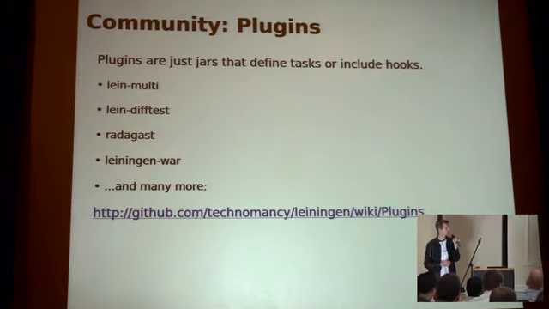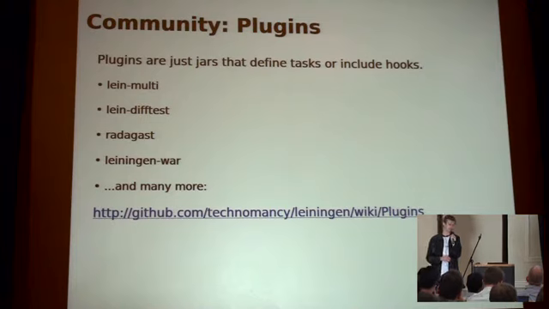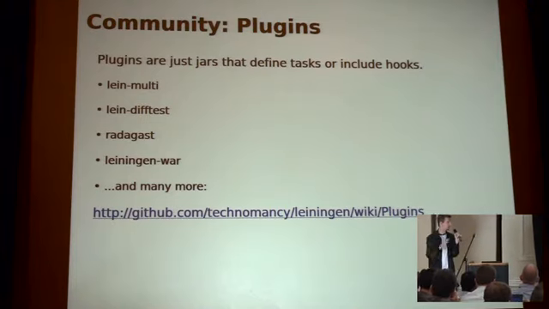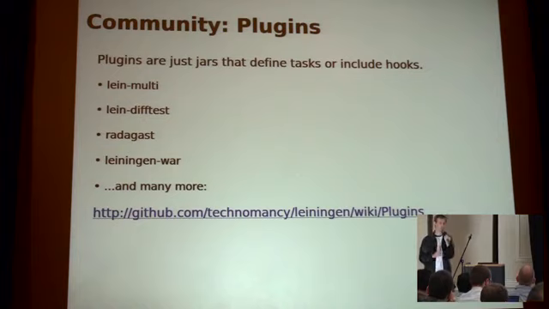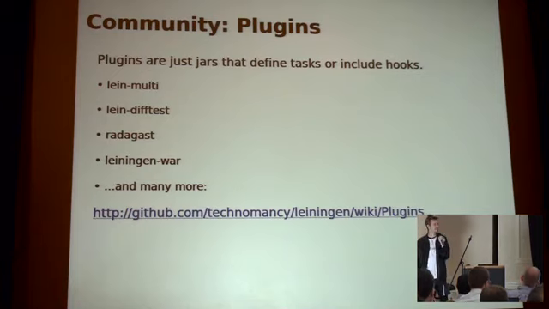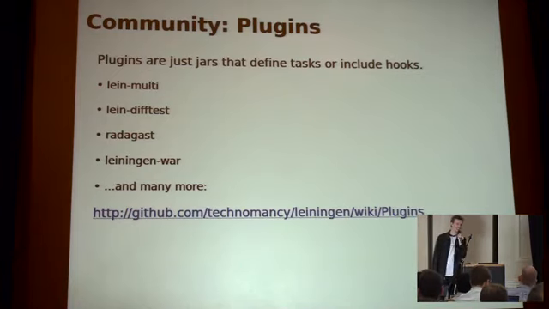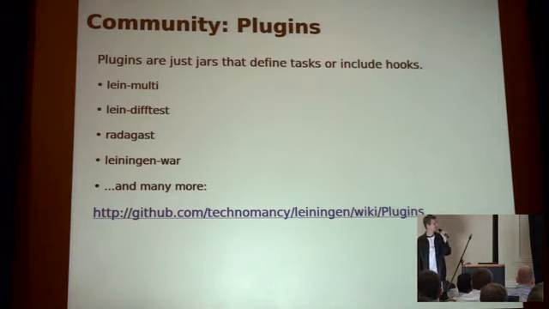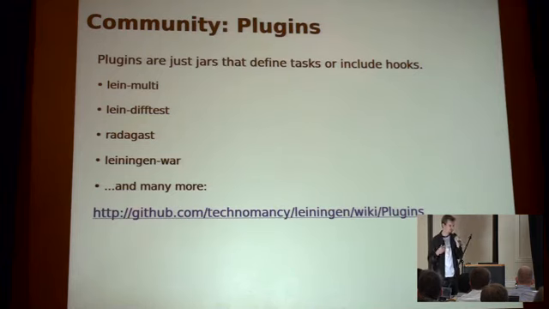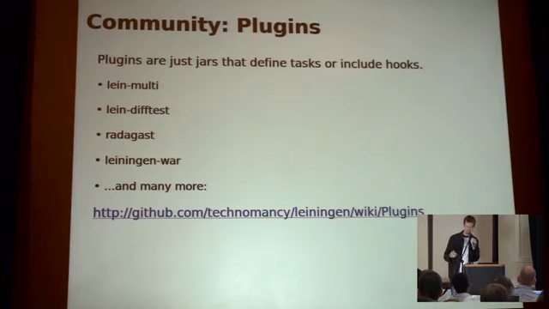Say your project depends on another project that has different versions, like a backwards compatibility version for Clojure 1.1, a stable version for Clojure 1.2, and a snapshot version for Clojure 1.3. This lein-multi plugin lets you bundle all those together and name them: this is my 1.3 set, my 1.2 set, my 1.1 set. And you just say multi-test and it'll run the tests over all of those at once. So very handy, especially now that we're getting to the point where there are more and more Clojure versions in the wild. Pretty nice.